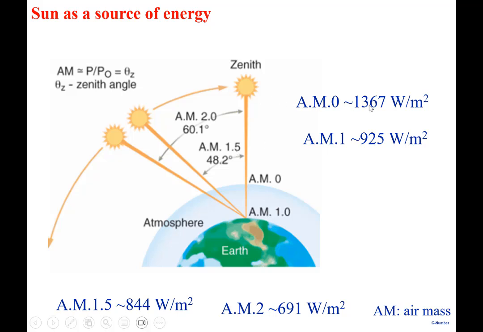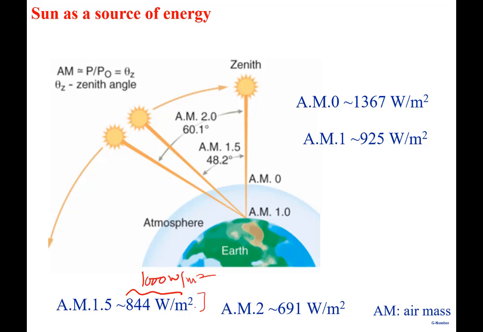Air mass 0 is 1367, air mass 1 is 925. You can see the results of absorption. Air mass 1.5 is 844 watts per meter squared, so it's a slightly odd number. So normally when people characterize their solar cell, they assume AM 1.5 radiation, but they change this to 1000 watts per meter square.